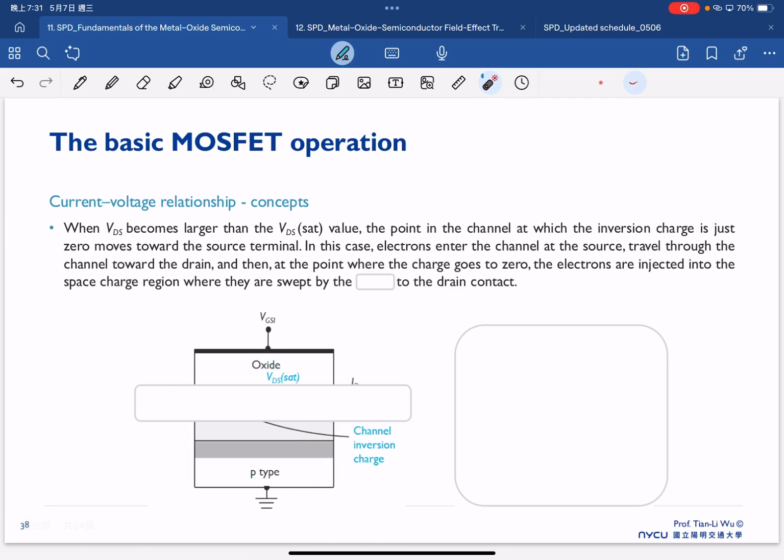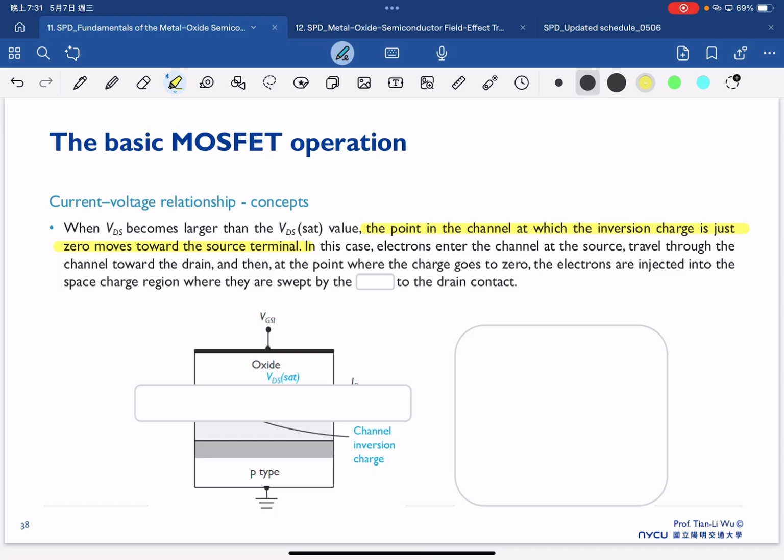So in the case of keep increasing our VDS, when VDS becomes larger than the VDS set value, the point in the channel at which inversion charge is just zero moves towards the source terminal.